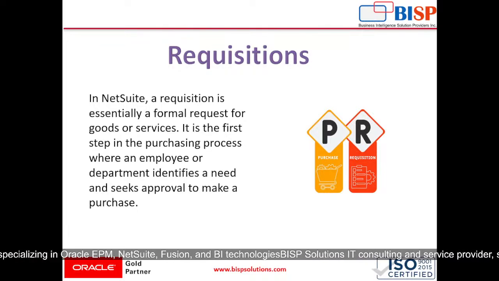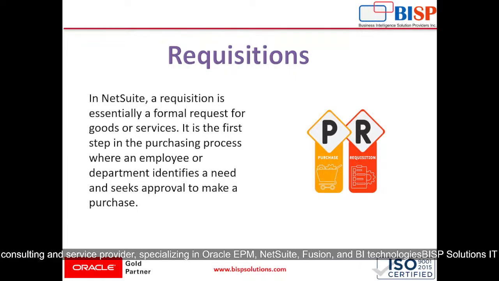So we will be creating a requisition, then the approval process will follow. The requisition is sent to your manager for approval. They check whether it aligns with the marketing budget and approve it.